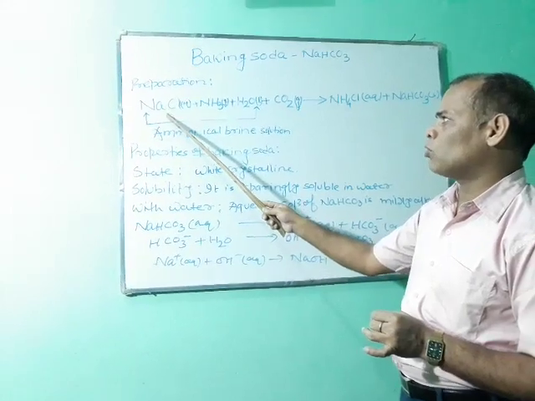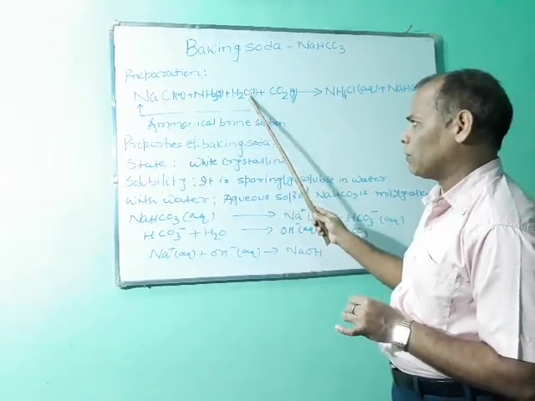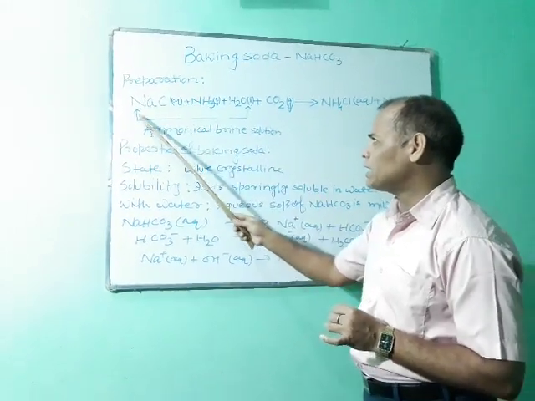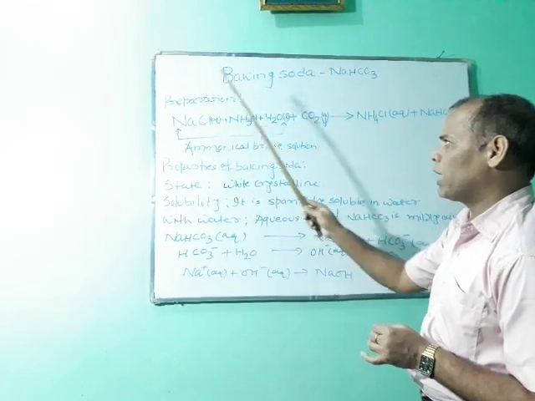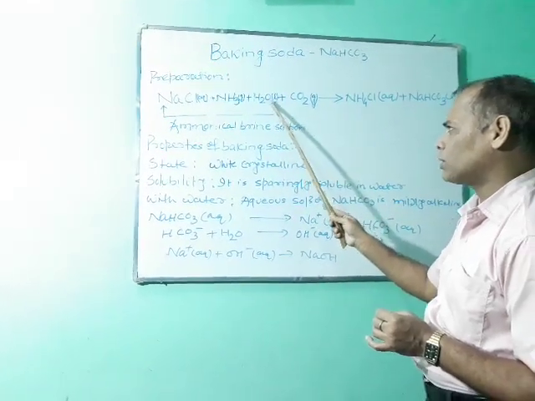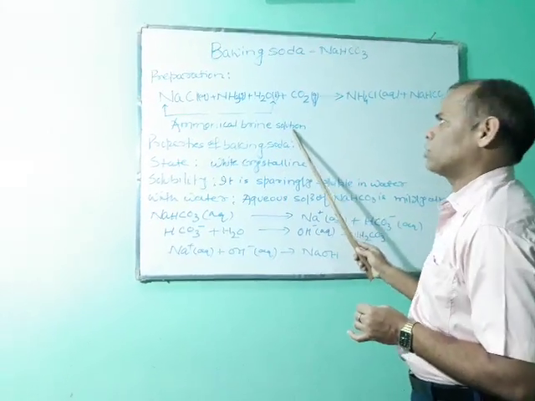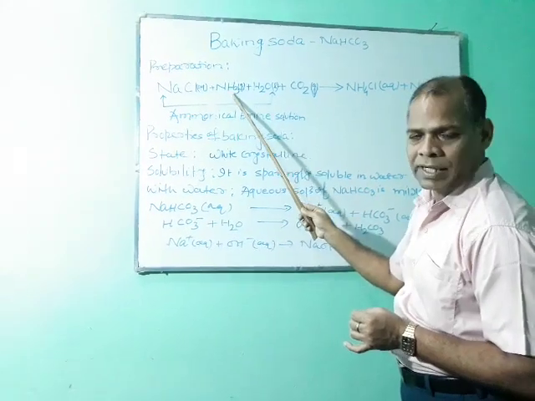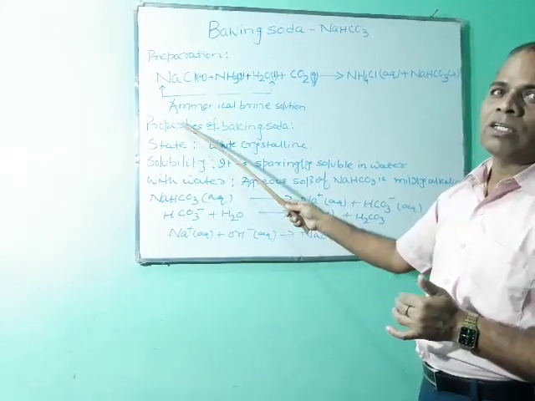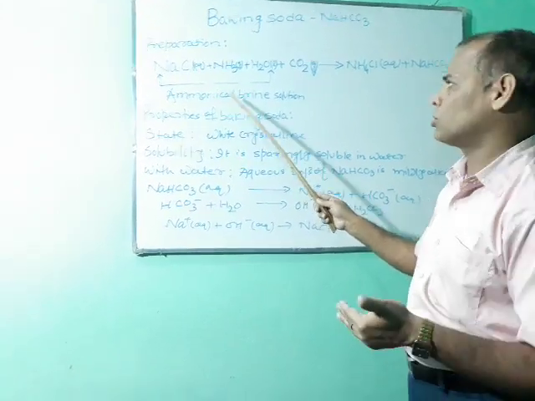So take sodium chloride, ammonia gas and water. Together it is called ammoniacal brine solution. Brine solution is sodium chloride and we have taken ammonia, so together it is called ammoniacal brine solution.